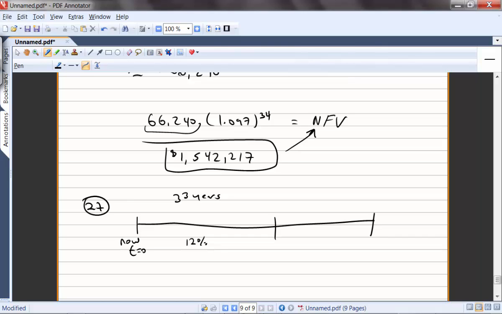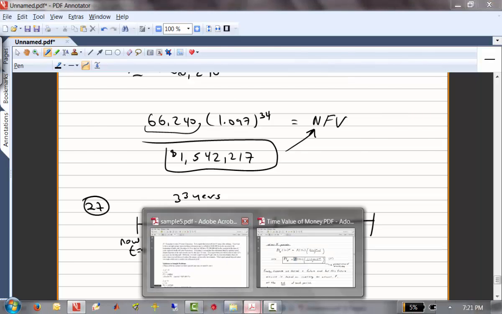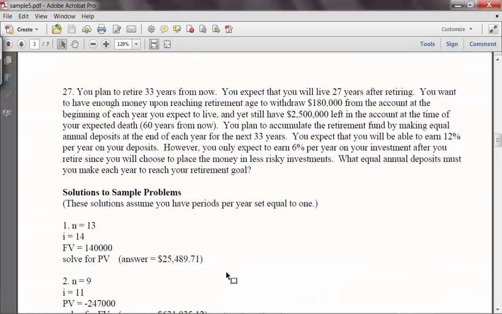We're going to put in the same amount every year. If it wasn't that way, then this would probably be much trickier. But we're talking about an annuity here. So we're putting in the same amount every year. We're going to get 12% on whatever we put in every year. We put it at the end of every period. I think it said the end of every period. Let's check. At the end of each year, yeah, right here.